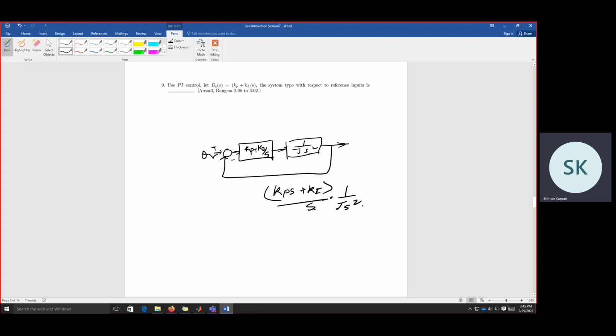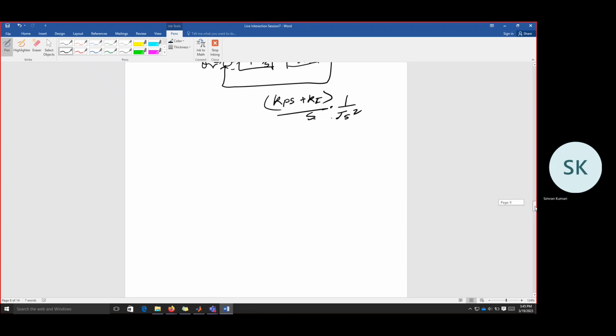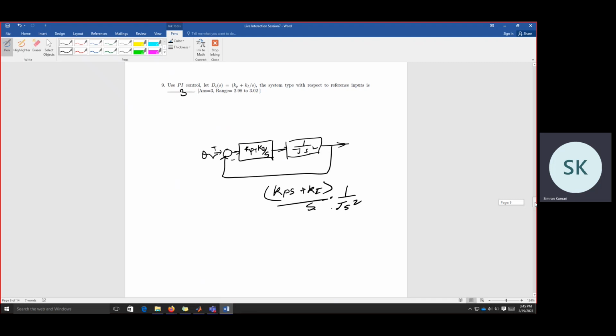So there are three poles at origin, or we can say three integrators in the forward path. So what will be the type of system? Simply the number of poles at origin. So this will be 3. Now if this is a third type system, what do we expect?